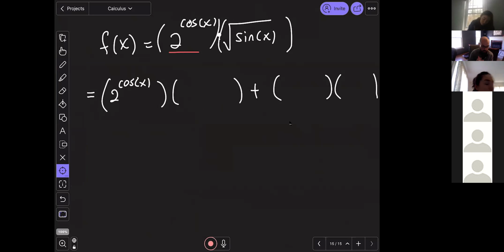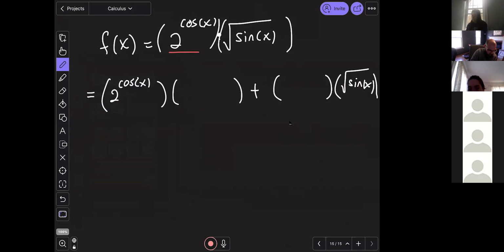That's where I'm going to have to use chain rule. And then over here, I take the derivative of my first part, and I leave my second part alone. So we're going to have over here square root of sine x. I actually haven't taken any derivatives yet. I've set up my product rule framework.